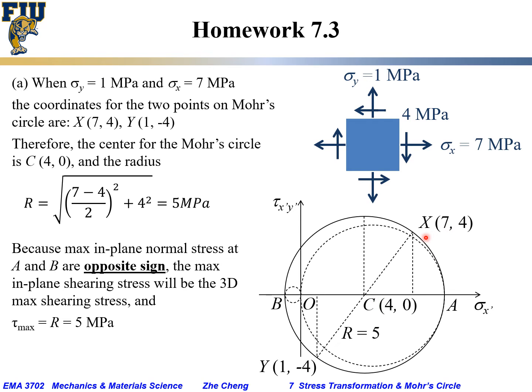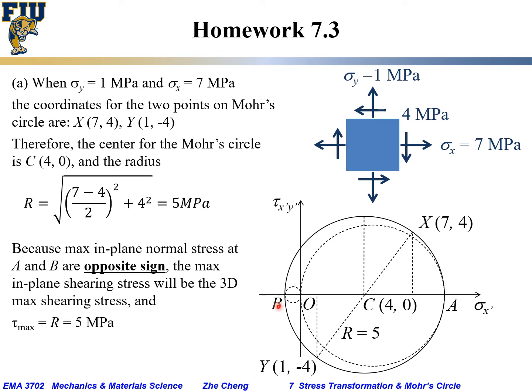So 7 here, 4 here, so the distance horizontally would be 3, vertical would be 4, so the radius would just be 5, or 5 megapascal. Okay, and this is our Mohr circle, x and y.